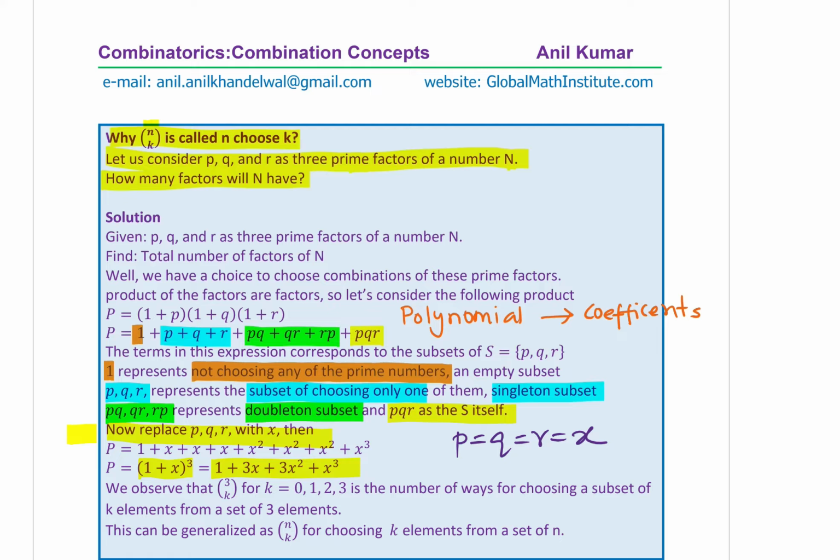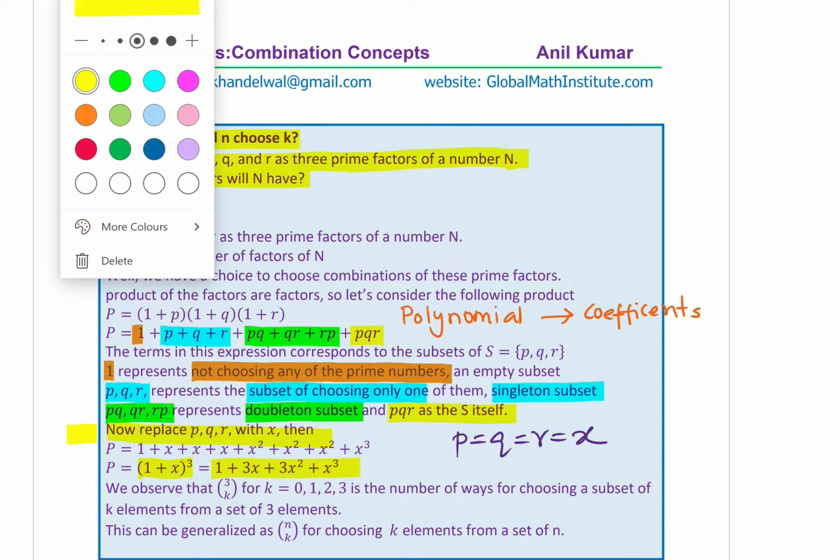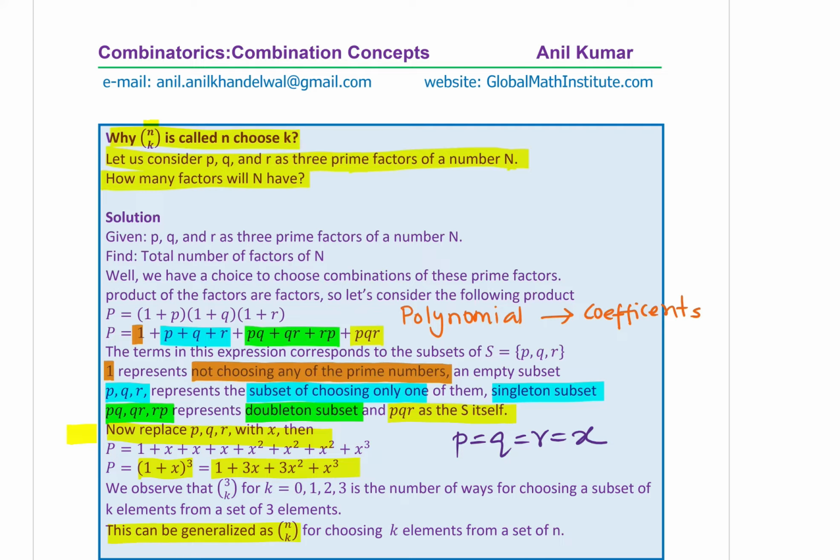So this can be generalized as nCk for choosing k elements from a set of n. Do you see that? So what we did here is we defined it. So we are now saying that nCk basically is choose, so it is to choose k elements from a set of n elements.